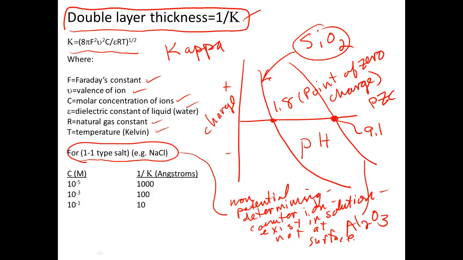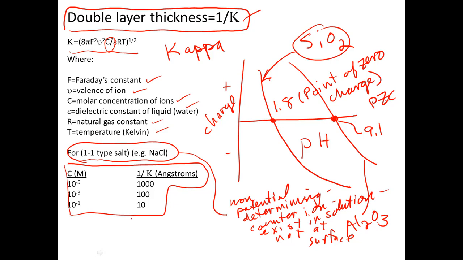We can add counter ions, just salt, to solution, and this double layer thickness equation tells us that as we add more and more salt, that concentration term C, the molar concentration, will go up and the double layer thickness will go down. And so this table here relates concentration of salt, in this case sodium chloride, to 1 over kappa, or the double layer thickness.